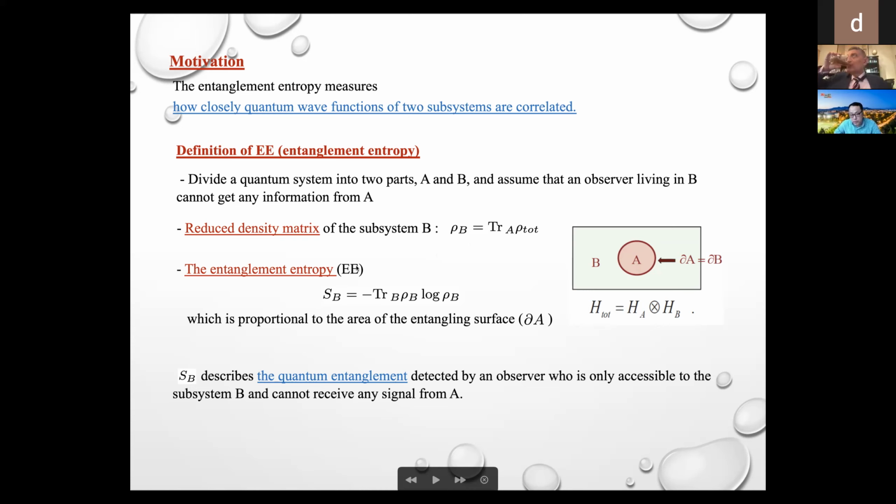Using this reduced density matrix, we can define the von Neumann entropy, which is called entanglement entropy. This is the definition of the entanglement entropy.